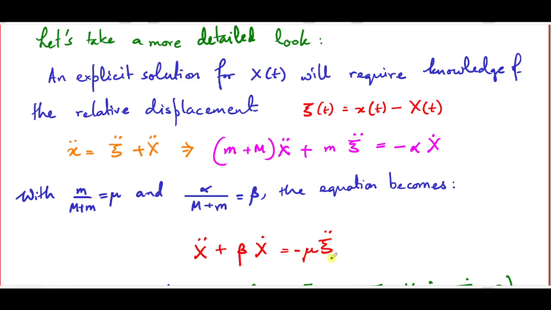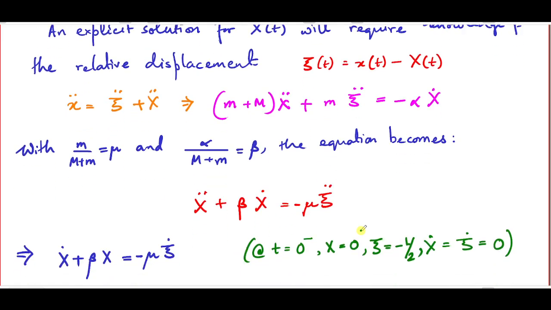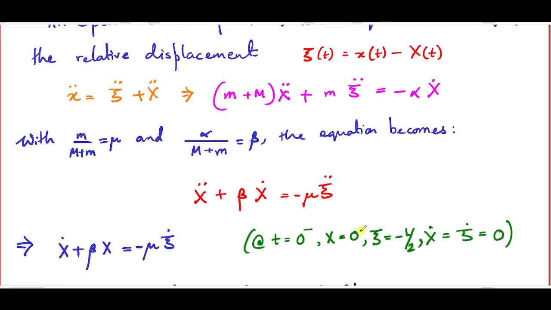And it's obvious that we can immediately integrate this once to get capital X dot plus beta capital X equals minus mu xi dot, modulo some constant of integration. We can make our life a lot easier by choosing our initial conditions so that at t equal to 0 minus, just before the boatman starts to move, capital X, the initial value of the position of the boat, is 0.